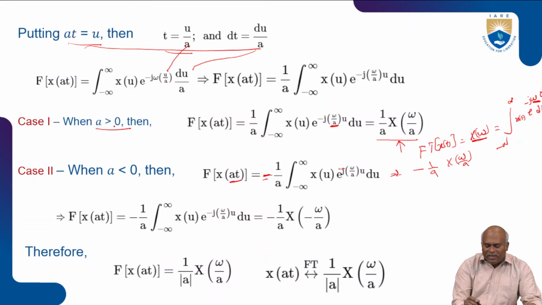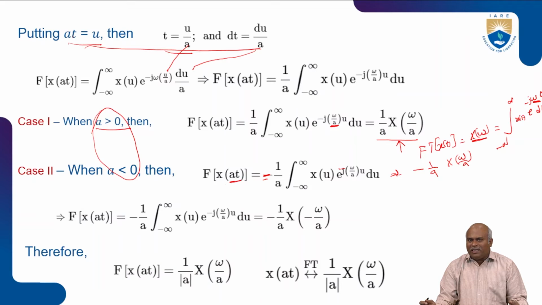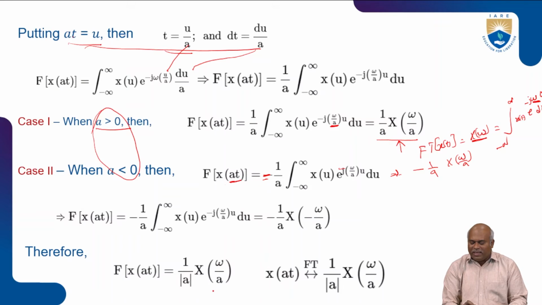Now we combine both a greater than 0 and a less than 0. When we scale time in the Fourier transform, we don't know whether a is greater than 0 or less than 0. So generally we write the Fourier transform of x of at is equal to 1 by mod of a X of omega divided by a.